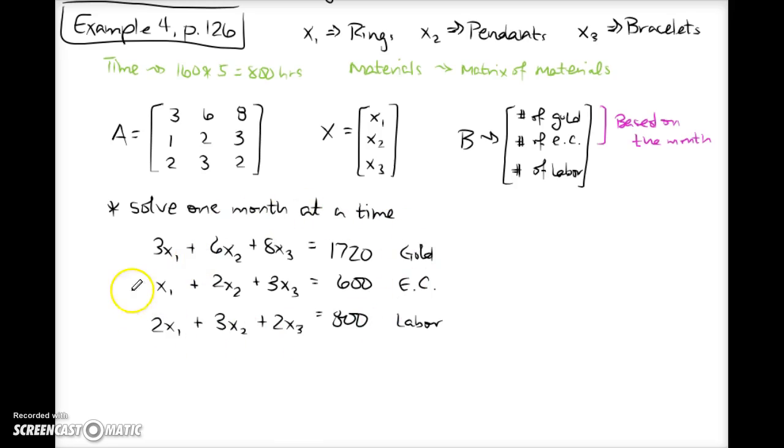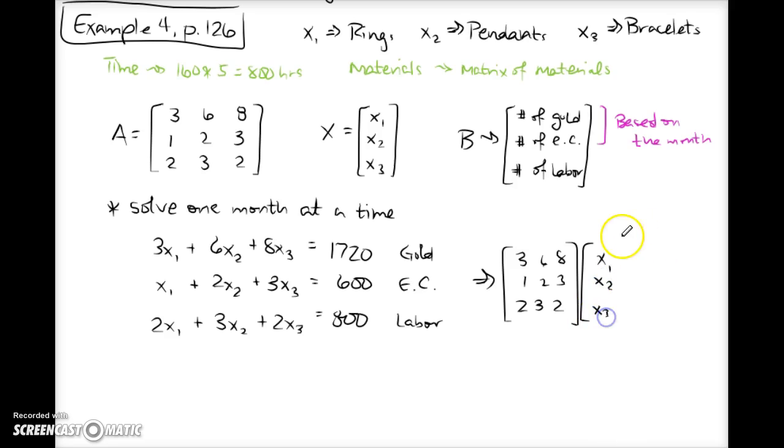And that's the amount of labor time that's available for the month of March, and honestly for every month. So with this system of linear equations, it's going to be written as follows when you put it into matrix equation form. So there's your A of 3, 6, 8, 1, 2, 3, 2, 3, 2. And then your X matrix. And now for your B, I want to make sure you can see this so you understand this is going to be a part that's changing for each case.